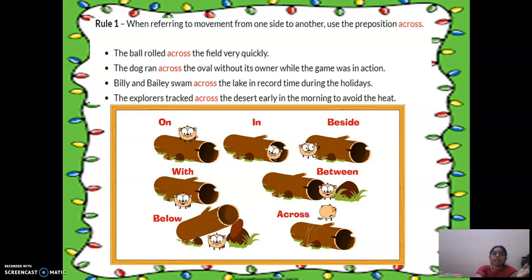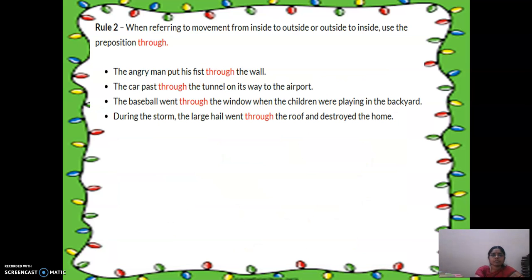The dog ran across the oval without its owner while the game was in action. Billy and Bailey swam across the lake in record time during the holidays. The explorers trekked across the desert early in the morning to avoid heat. So all these sentences are based on the word across, right?